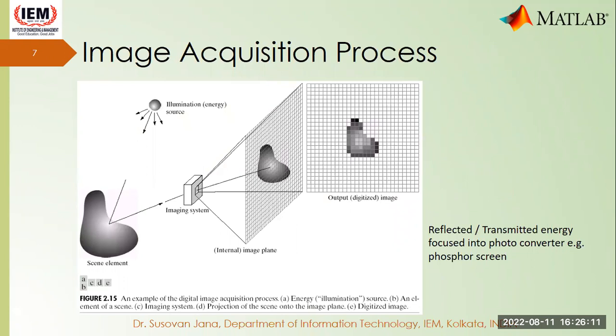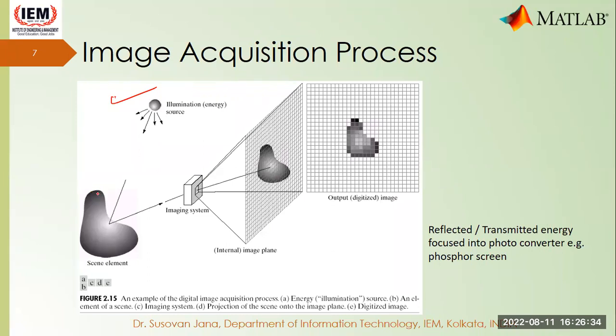Now see, in real life, how image acquisition goes on. At first, with the help of some illumination source, the object is illuminated, and from the object surface some amount of the light is reflected or sometimes passed. Why not always reflected?